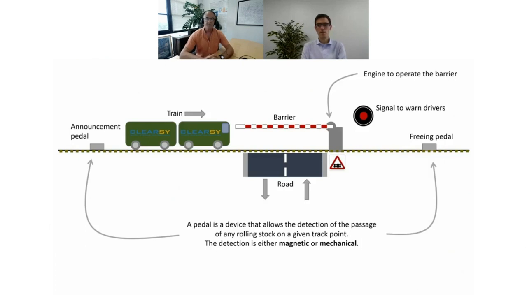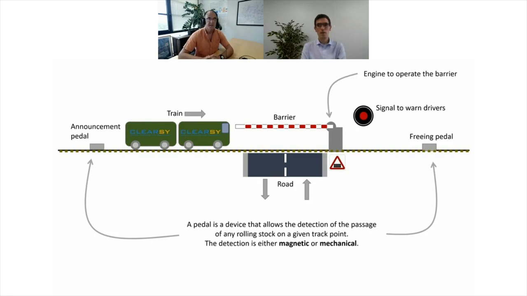So this is a view of the system. It's simplified. We consider trains going from left to right. We have two cars, and we have the road, and the barriers that should prevent drivers from entering the tracks when the train is approaching.